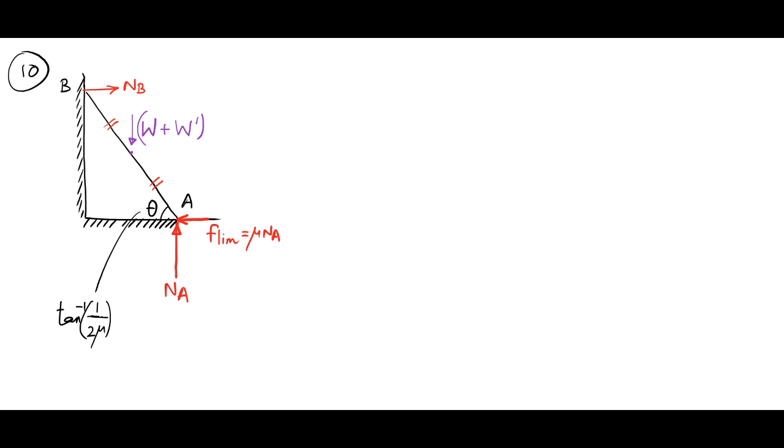Now of course this NA is equal to W plus W dash rather than W. This mu NA is therefore mu times W plus W dash, and of course NB is equal to that. NB is equal to F limiting itself by sigma Fx equal to 0. Remember, this rod is in limiting equilibrium, so end point A is about to slip towards the right, and end point B is about to slip down.